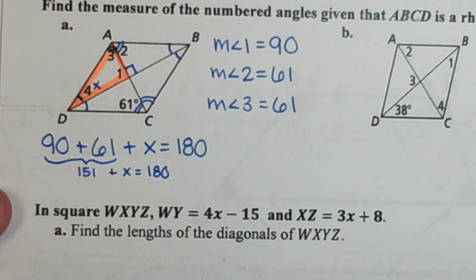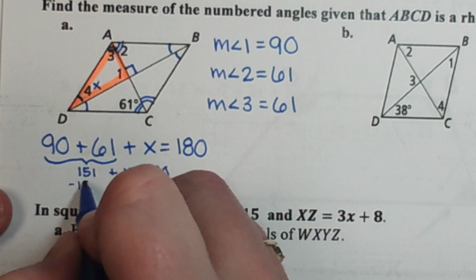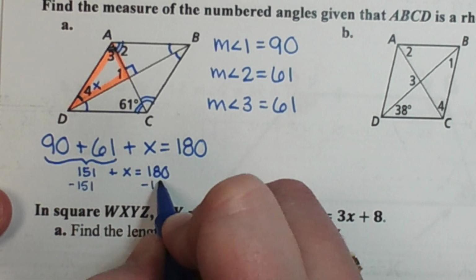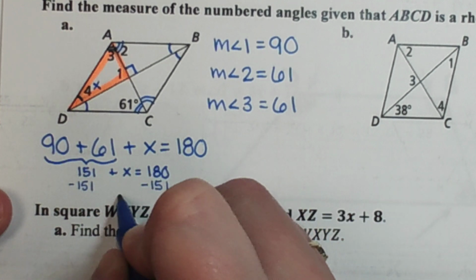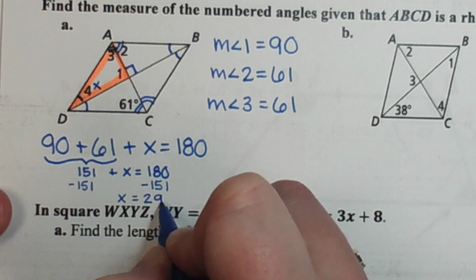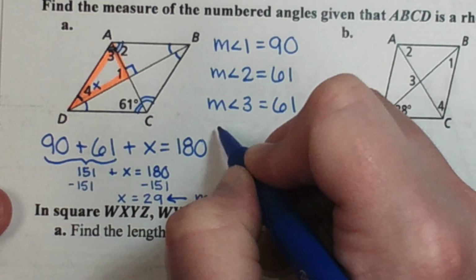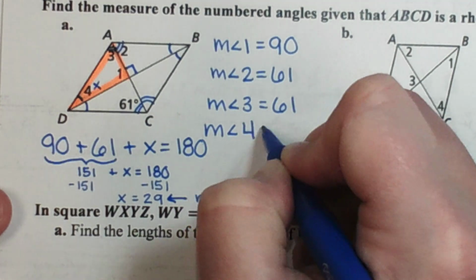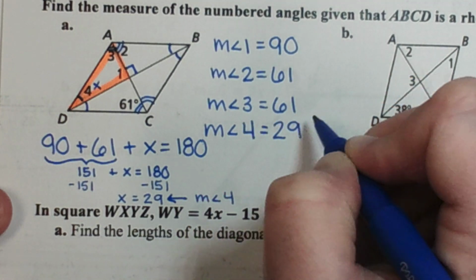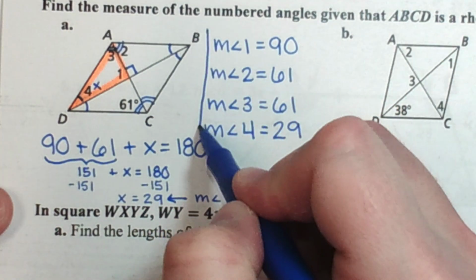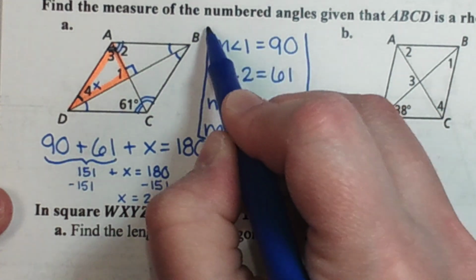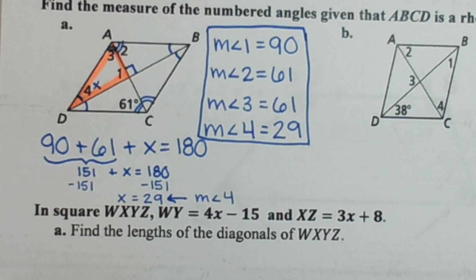I could have subtracted them separately, or I could subtract them together. 180 minus 151 is 29. That was the measure of angle 4 that we were solving for. So it's similar to the last problem from yesterday's homework assignment, but rhombi tend to be easier because of these new theorems.